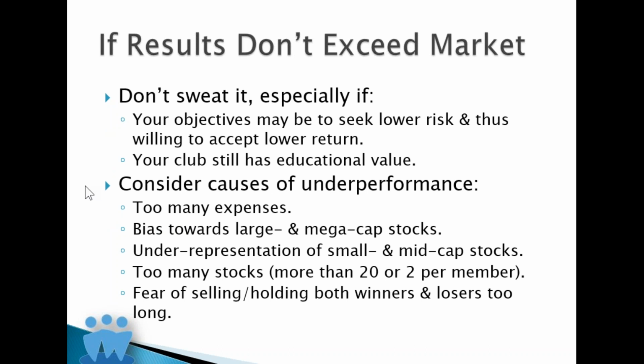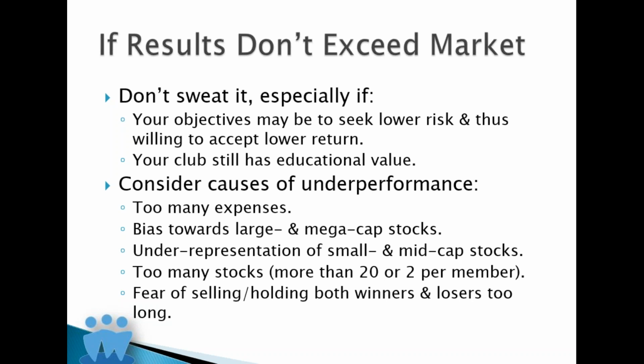So what are your objectives? That's a useful discussion to have within your club. Are you willing to accept some lower risk and thereby accept lower rates of return? Are you focused on education? If you really start digging down to the causes of underperformance, some of the things that you want to be watchful for are, are you spending too much on expenses?